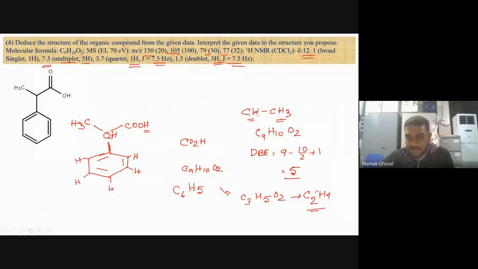Now you are left with this C2H4 fragment. We have reduced the formula, and now you need to see what the fragments are. The 150 peak, the highest molecular weight peak, is mostly due to the molecular ion.